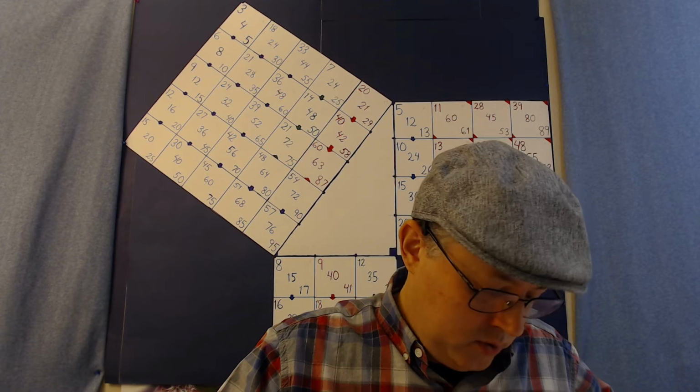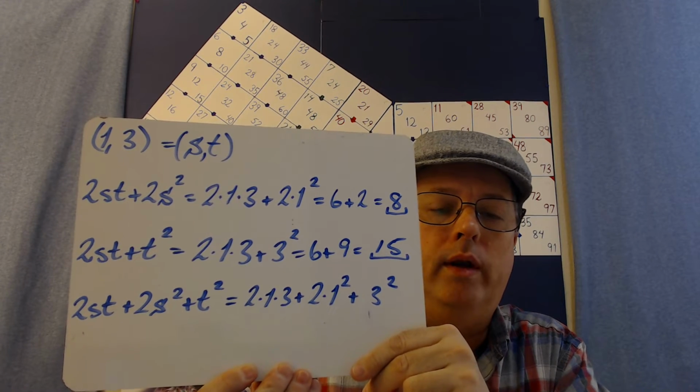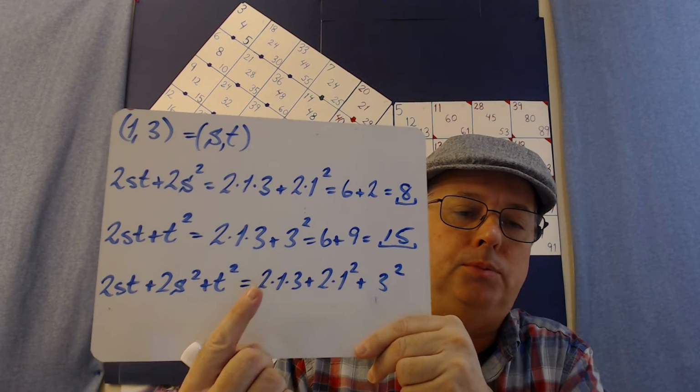So we have 2 times 1 times 3 plus 2 times 1 squared plus 3 squared. So we're plugging in the 1 and the 3 into the algebraic expression here. And so then you will see that we have 6 plus 2 plus 9, and that's 8 and 9, that's 17.